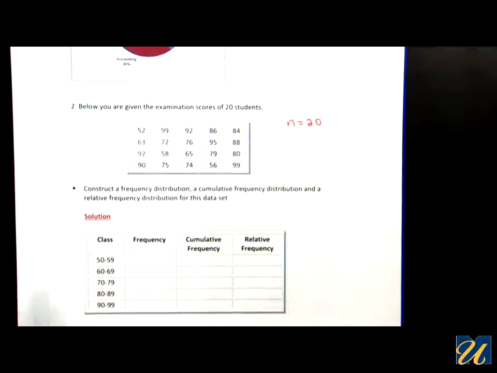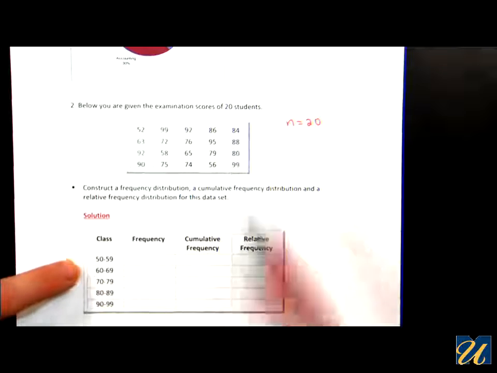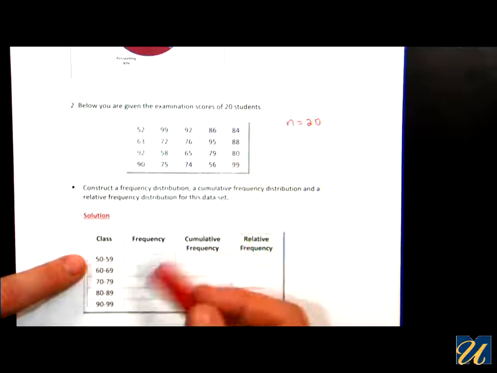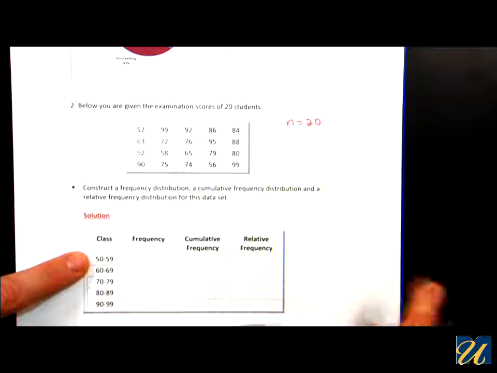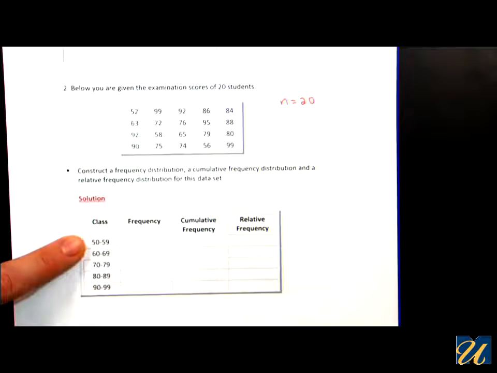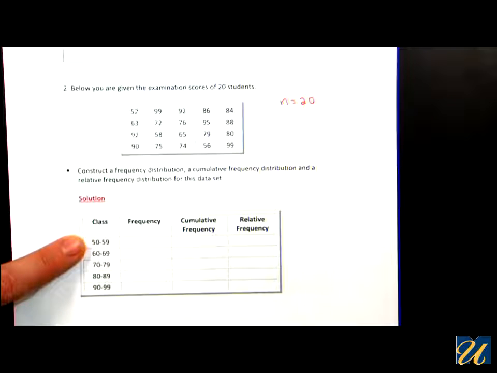So we start with the classes from 50 to 59, 60 to 69, 70 to 79, 80 to 89, and 90 to 99. To find the frequency for each class, you will go to your data set and see how many entries I have from 50 to 59, 50 and 59 included. You literally go in and count the number of entries.